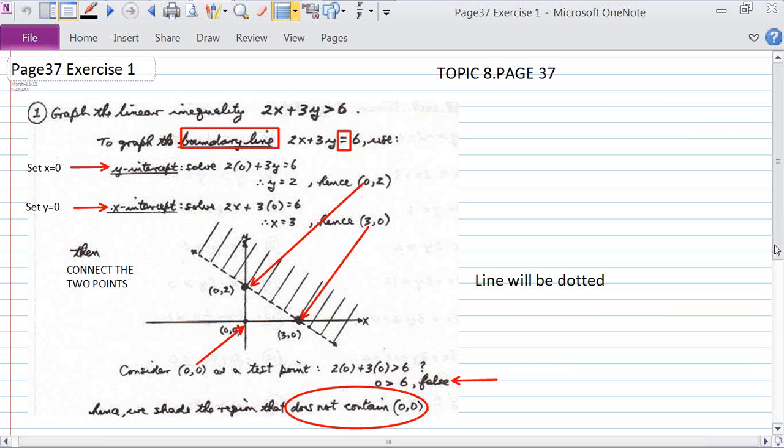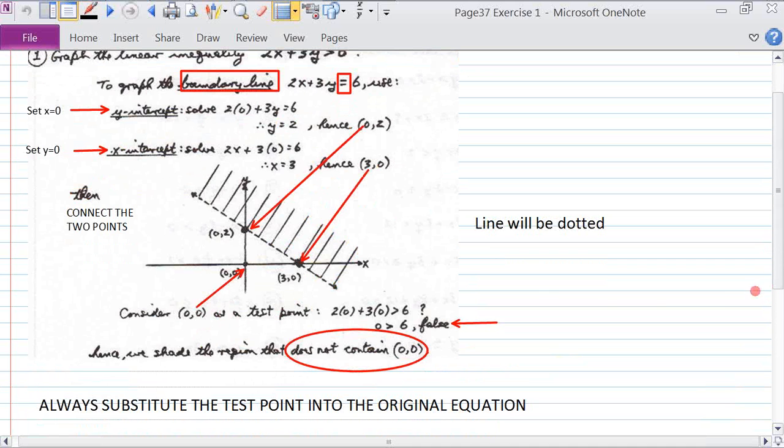Now, the next part of the problem is to check what side of this line is going to be shaded and going to give us the inequality 2x plus 3y is greater than 6.